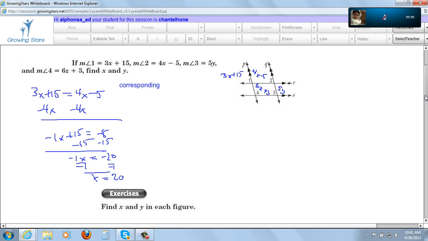Now come back to the question. We are supposed to find the value of x and y. So let us see which angle is y. Angle 3. Can you find the value of angle 2 and angle 1 by substituting the value of x?